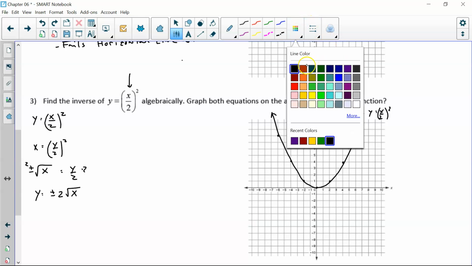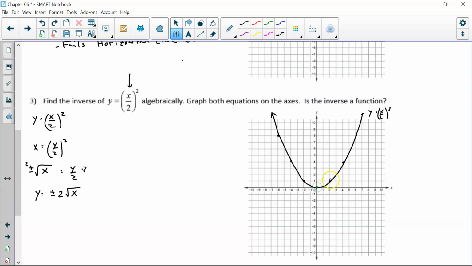Now when we graph the inverse, you can switch the x and the y's if you really want to do it easier. 0, 0, 1, 2, 1, negative 2, 4, 4, 4, negative 4, 9, 6, 9, negative 6.